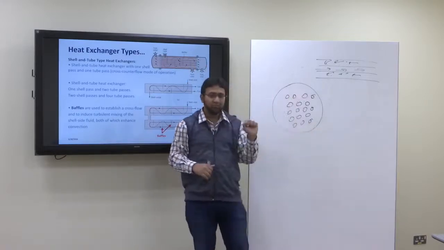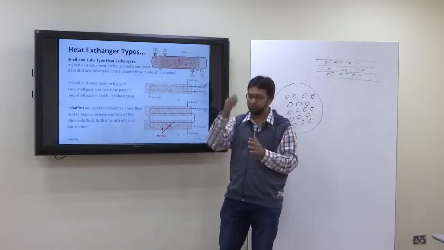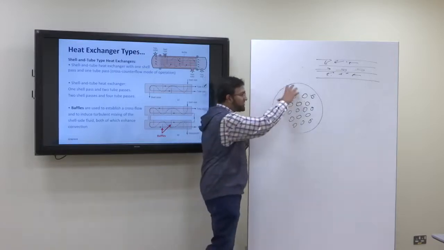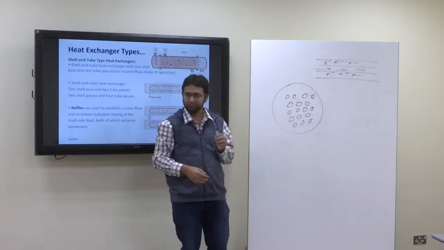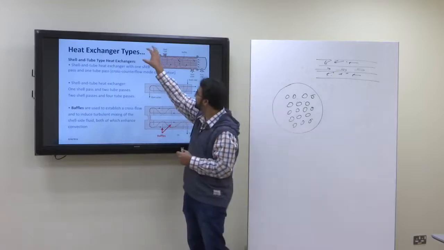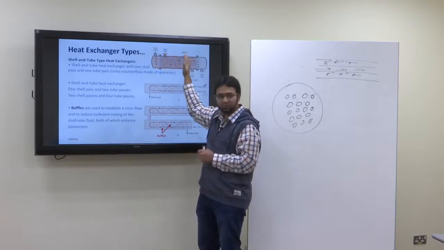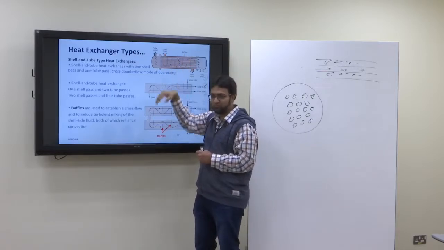But we want it to flow as a cross flow. We want the fluid in the shell to move in the cross flow direction with the tubes. Now this is a trouble because you enter the fluid from one side and it will move either parallel or counter. How can we make it to move cross flow?